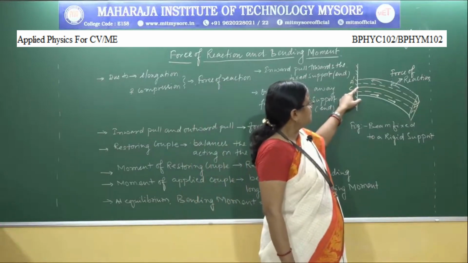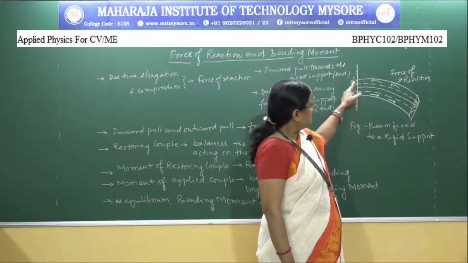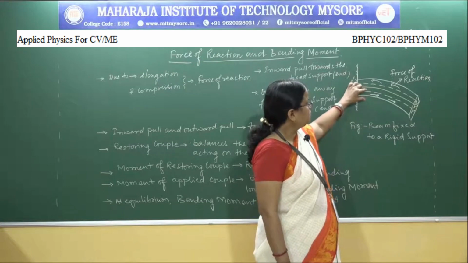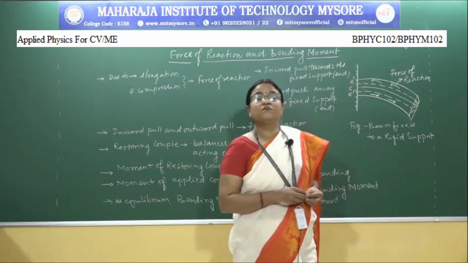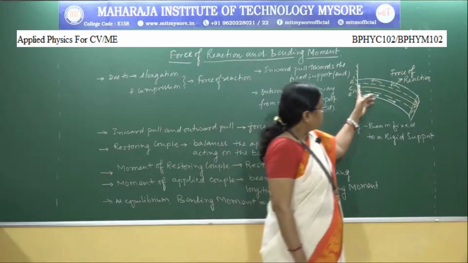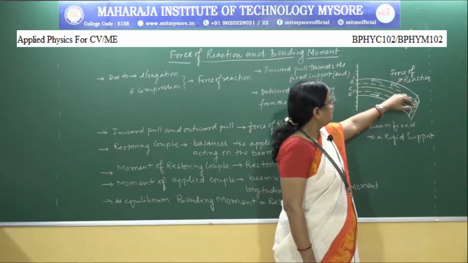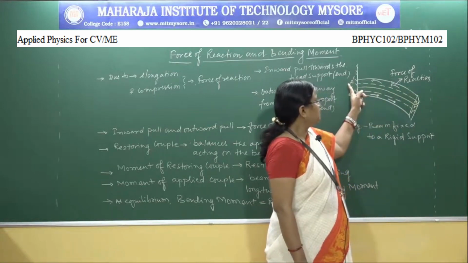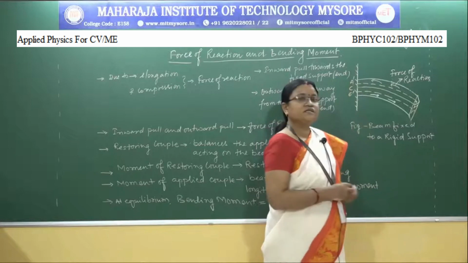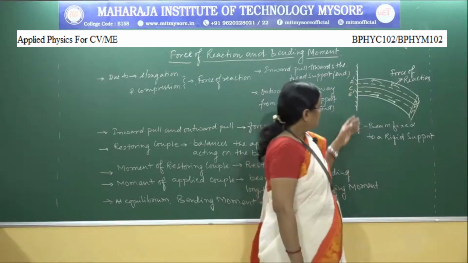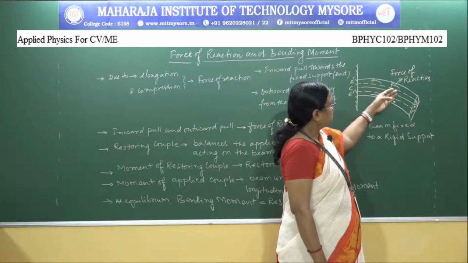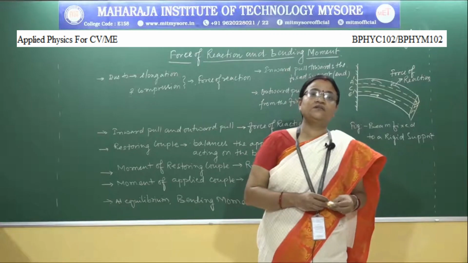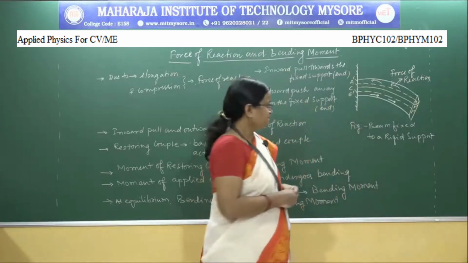Above the neutral plane or neutral axis, the upper layer undergoes elongation, and the lower layer undergoes compression. Due to the elongation, a force of reaction acts in the inward direction, along the fixed end, which in turn will try to retain its original dimension when the load is removed.